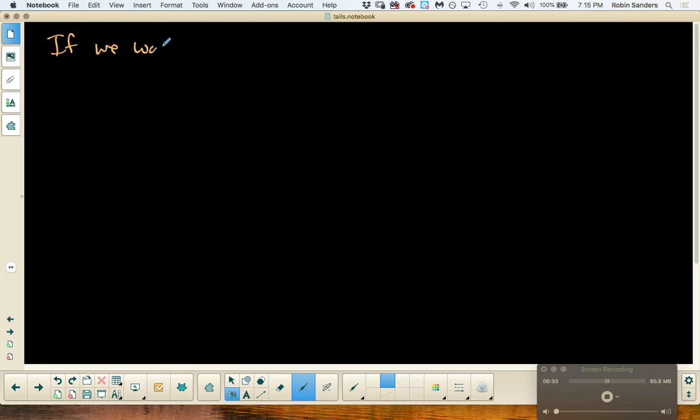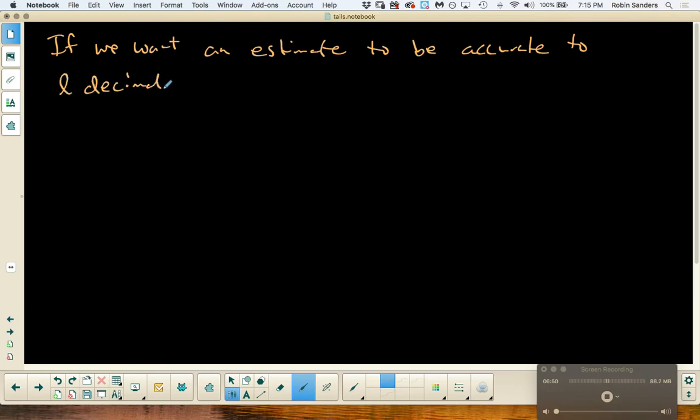If we want an estimate to be accurate to, let's call it k decimal places, then the absolute value of the error has to be less than 5 times 10 to the minus (k plus 1).